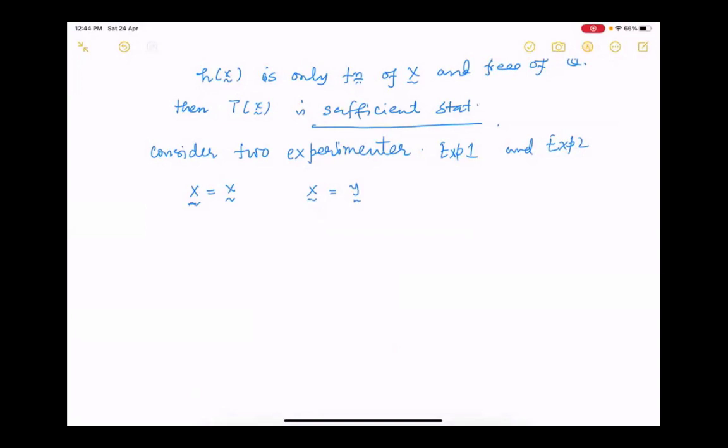They're both observing x tilde, but one got the x realization, another got a y realization. Two different realizations.